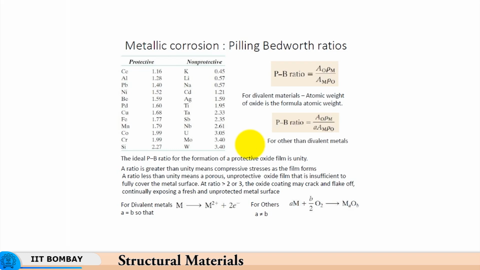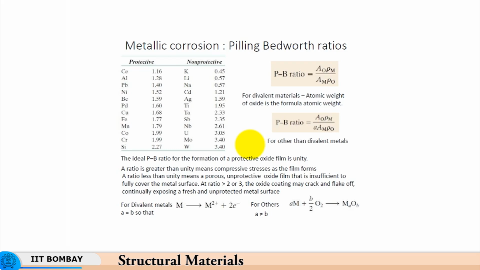Whereas, if the ratio is far higher than unity, then it means that there are compressive stresses present in the film. Well, normally we do not mind compressive stresses, but excessive compressive stresses can result in breakage of the film. So, it is no longer rendered protective in nature.